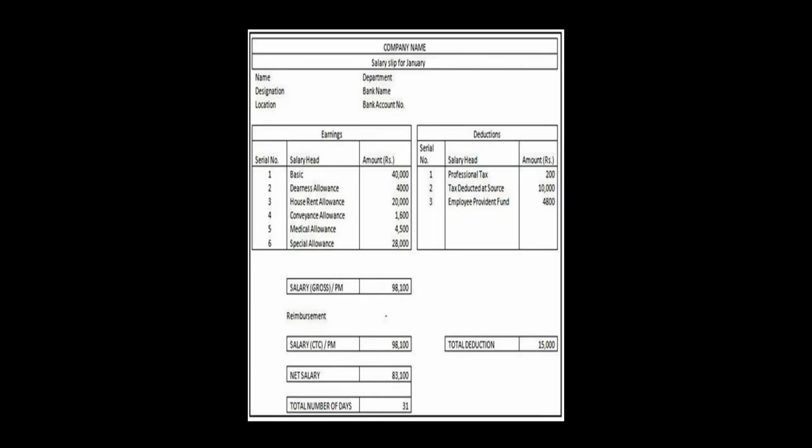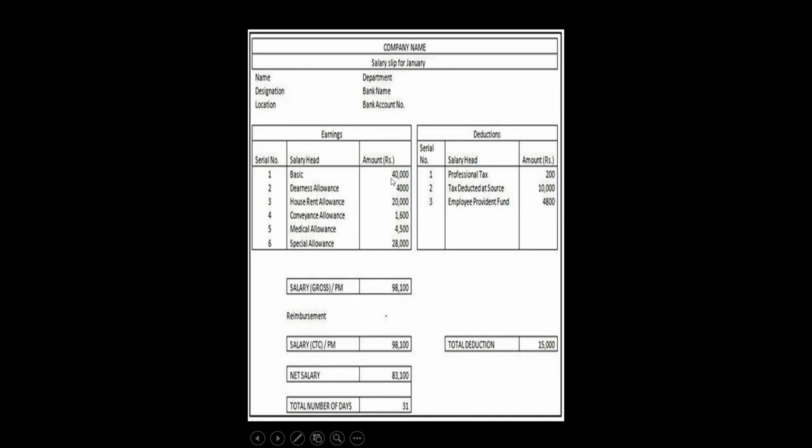Now, when we go on to our salary, it's a bit different. We can see we still have the company name, salary slip for January. We'll have the name of the person, their designation at the company, where it's located, which department they're working in. Sometimes the bank name and bank account number as well. But you'll see it's a bit different now in terms of our earnings and deductions.